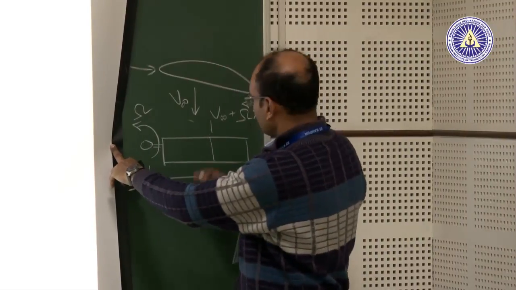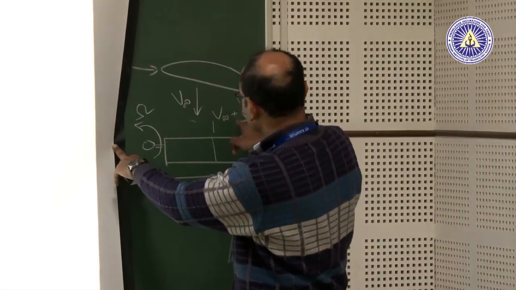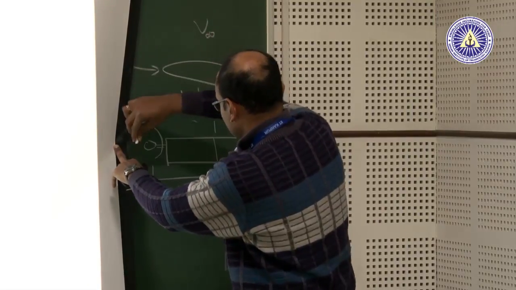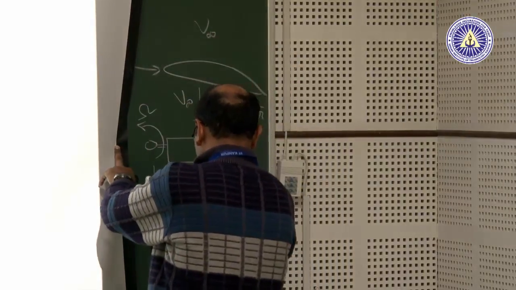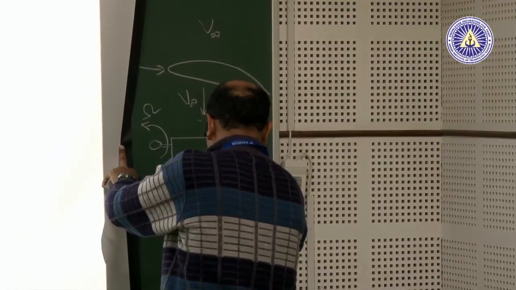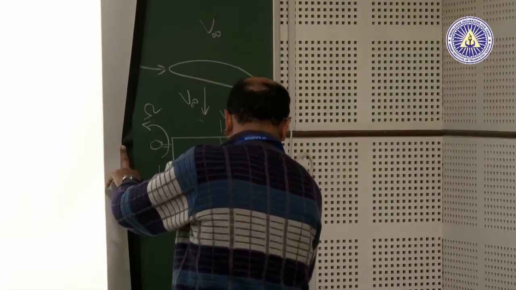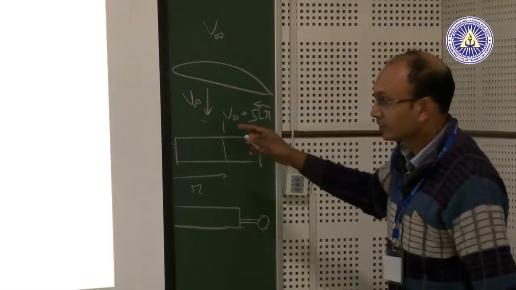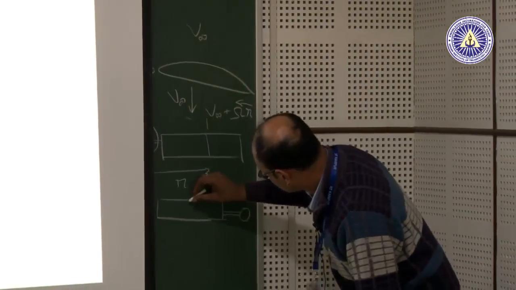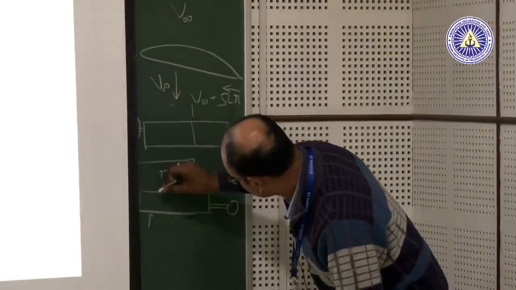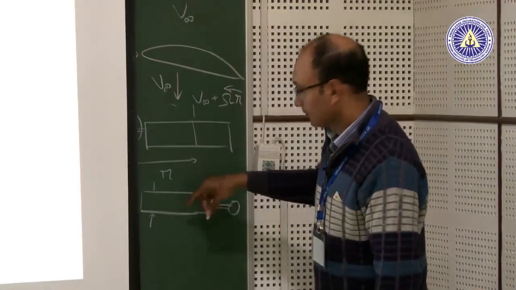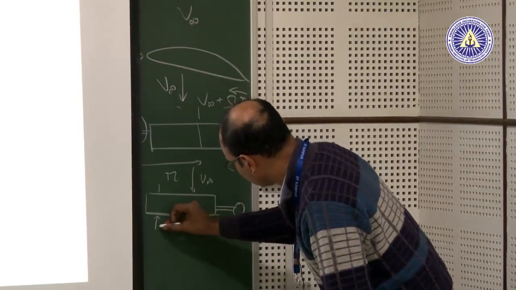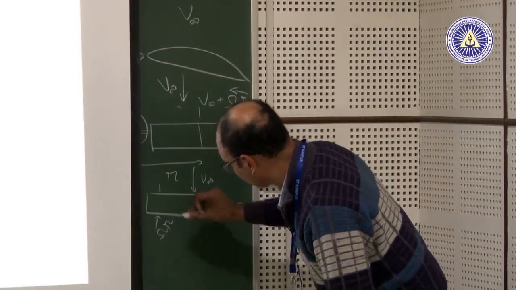When you go to the other side, this is going to subtract from that. V infinity is again in this direction, and the blade is now reversed, so I will draw the blade like this. This is the other side, when the blade has reached the other side. Now this is the front and this is the back of the blade, and wind is coming with V infinity, and the other wind is coming because of the rotation, omega r.